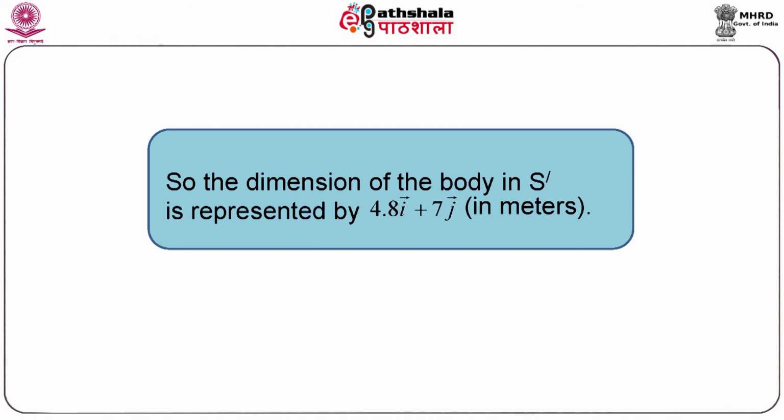Note that 7 is the length of the rod in the transverse dimension, that is length of the rod in the direction of y-axis, which remains unchanged. We have already proved this phenomenon. So, we have this result. These are also measured in meters.